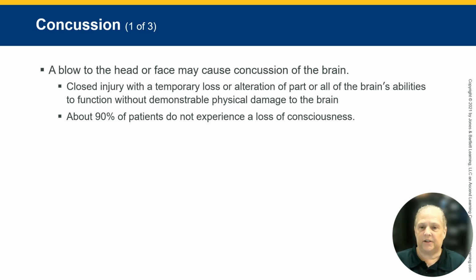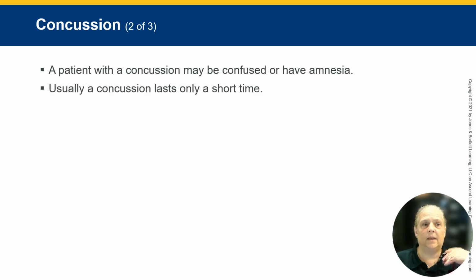About 90% of patients will not lose consciousness. They may or may not remember all of the incident that caused it to occur. They may have headache, nausea. They can be confused. They could have amnesia. Usually it's only going to last a short time. They may have what we call retrograde amnesia.